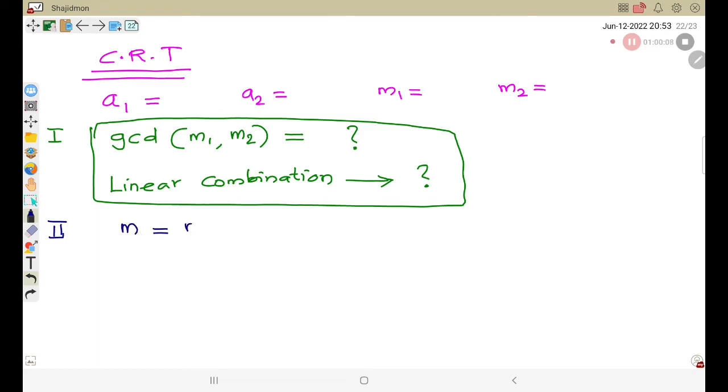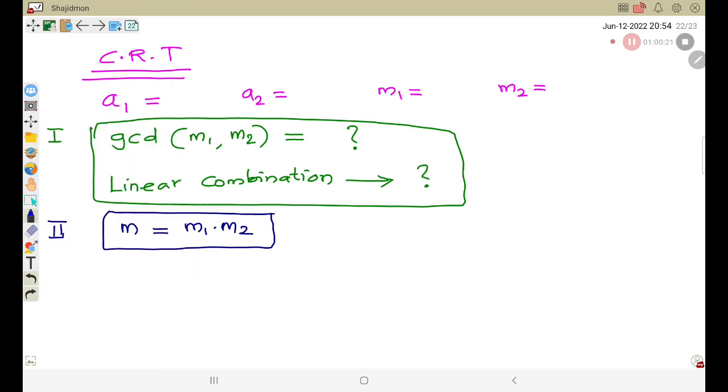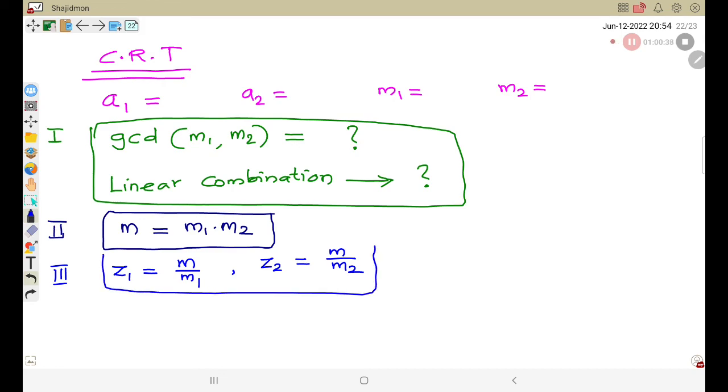M means M1 multiplied by M2, correct? Now the third step, step number 3: calculate Z1, which is M divided by M1, and Z2, which is M divided by M2. Correct?